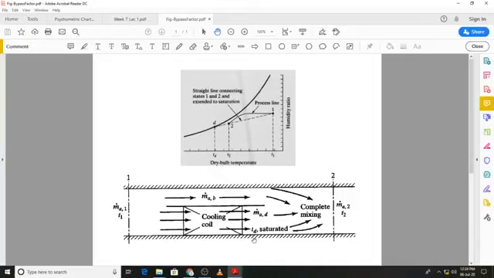Those closer to the cooling coil are at a lower temperature, those away from the cooling coil are at a higher temperature. What we can do conceptually, we can say that we can divide this non-uniform air temperature distribution into two parts, or a combination of two parts.